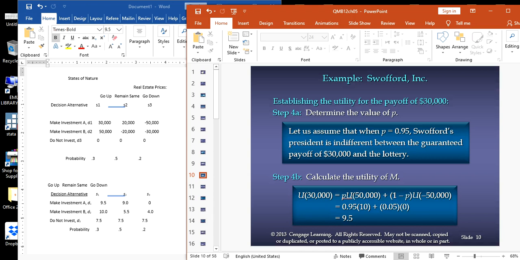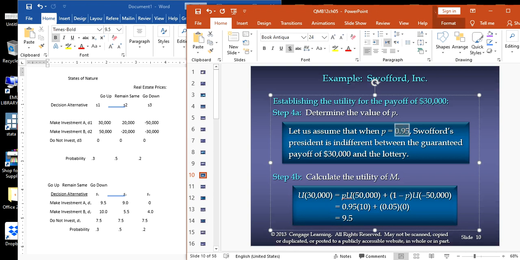So we establish the utility for payoffs of 30,000. Now determine the probability value. We determine that P is equal to 95%. It means 1 minus P equals 5%.